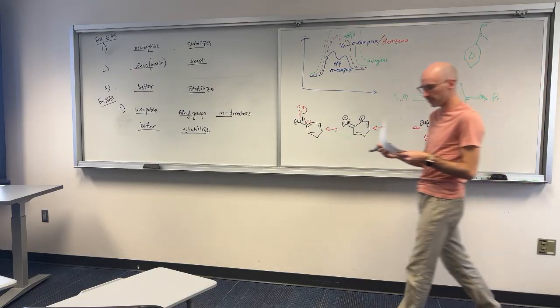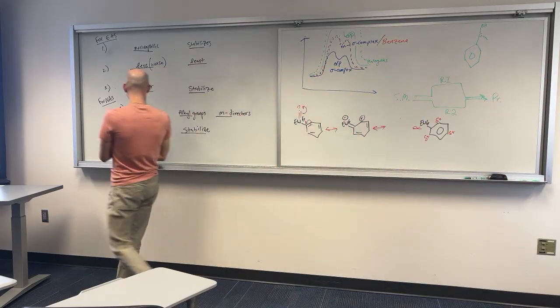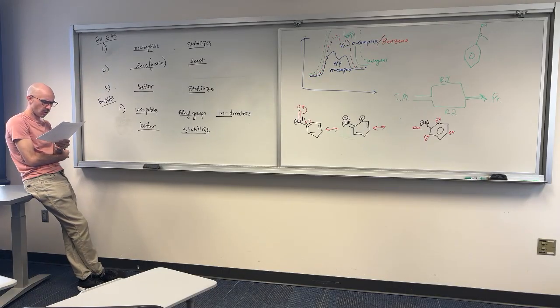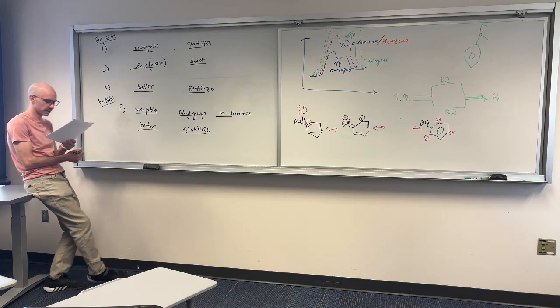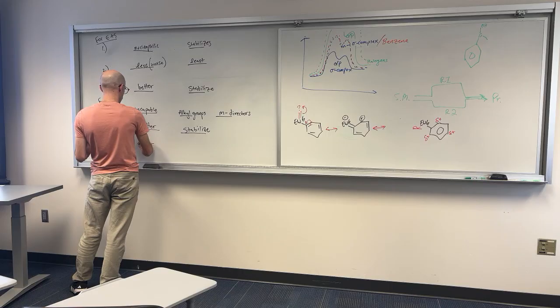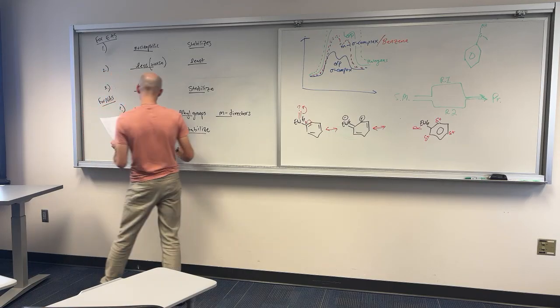And then lastly, halogens. Halogens make ortho-para positions better nucleophilic sites, but don't stabilize this position. So they make them worse? Thank you.